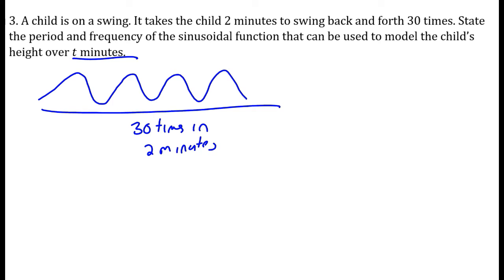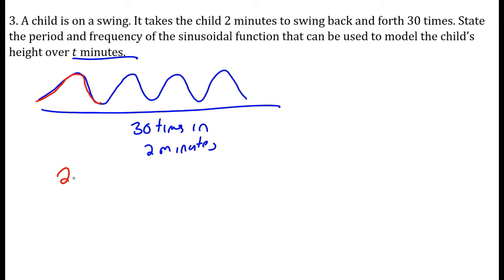Notice that we're using t minutes, so I don't need to change any units here. 2 minutes is good to use. 30 times in 2 minutes. I want to know, how long does it take to get through one full curve? So, it took 2 minutes to get through 30. How many does it take to get through one curve?